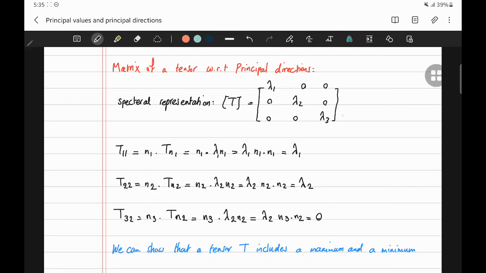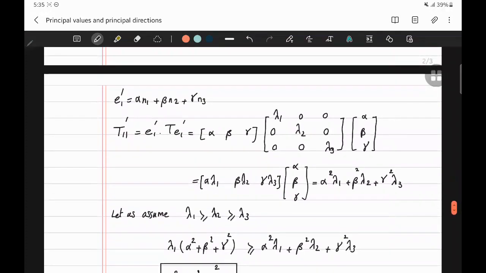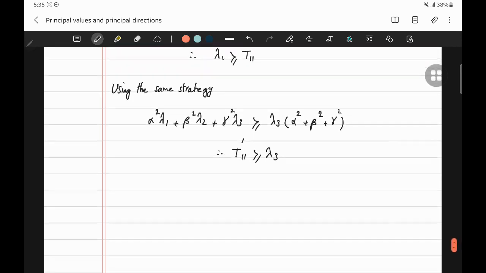If you have a diagonal matrix, and you sort them like lambda 1, lambda 2, and lambda 3, where lambda 1 is the maximum and lambda 3 is the minimum, we can say that the principal values of T here are lambda 1, lambda 2, and lambda 3. And as I said, this is quite useful in finding the principal values of stress and strains, which we can use, for example, in a stress criterion for metallic materials like the von Mises or the Tresca, because in those criteria, we work with the principal values.